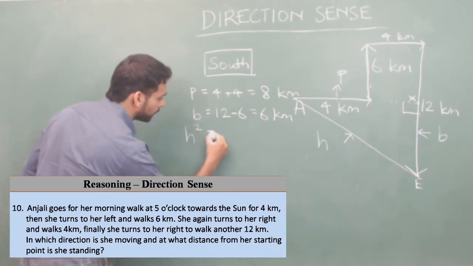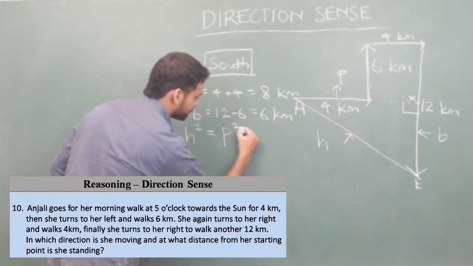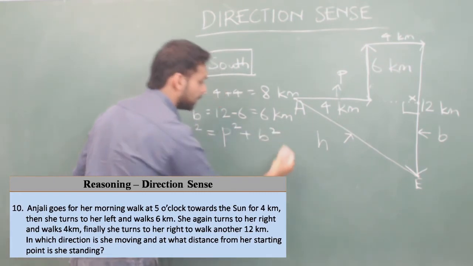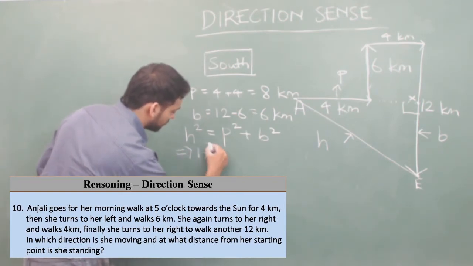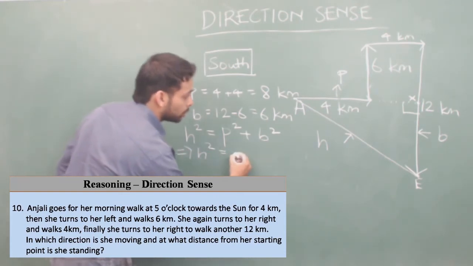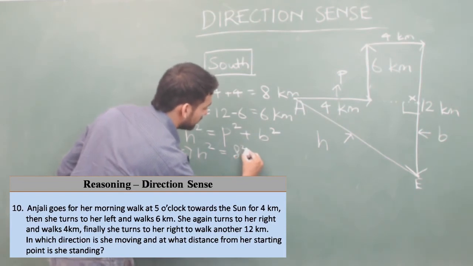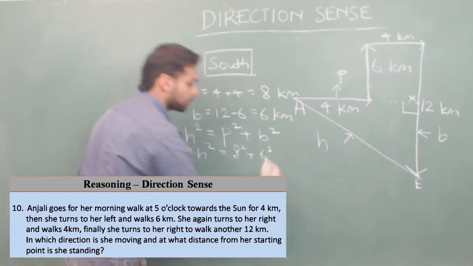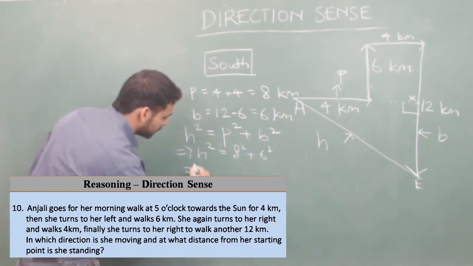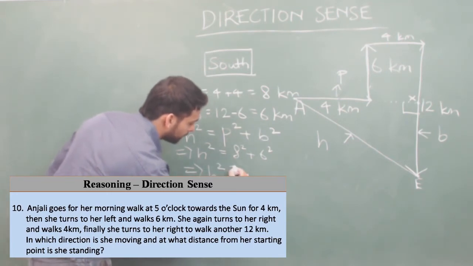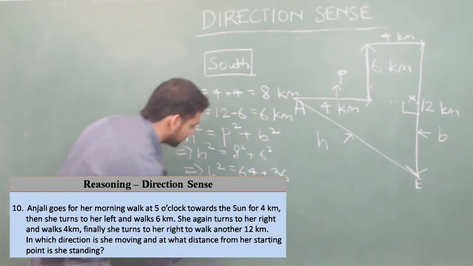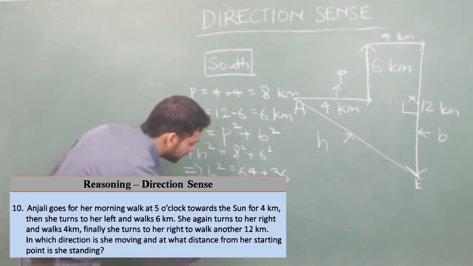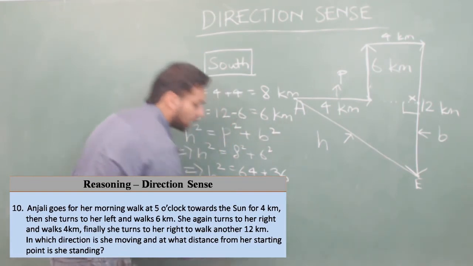So hypotenuse square is equal to P square plus B square, which implies that H square is equal to 8 square plus 6 square. So my hypotenuse square is 64 plus 36, which gives me a value of 100.